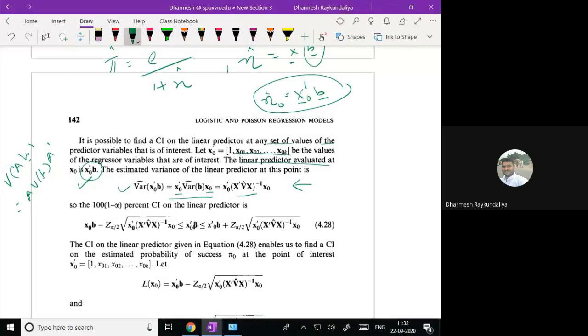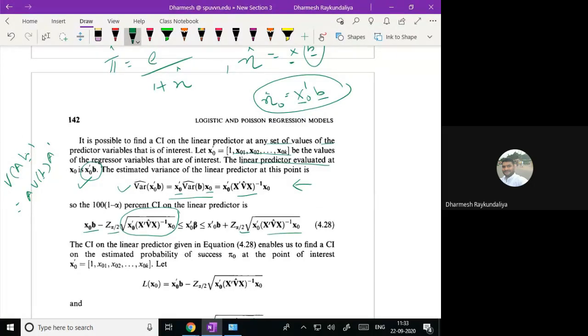So what is the confidence interval? It is the usual procedure: estimate minus the test statistic times the standard error of the linear predictor, which is the square root of this. Similarly, the upper bound is x0 dash b, that is, the estimate plus the test statistic times the corresponding standard error.